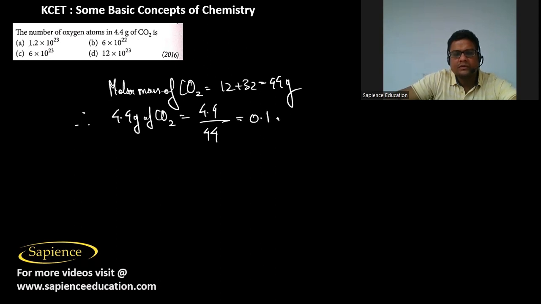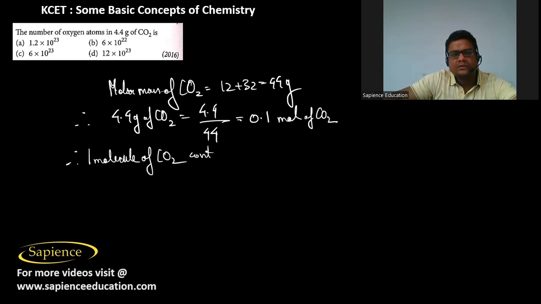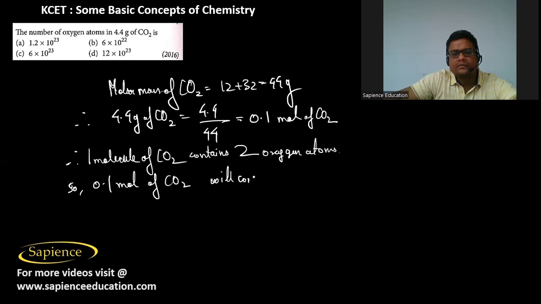So that is 0.1 mole of CO2. Now, one molecule of CO2 contains two atoms of oxygen. So I can say that 0.1 mole of CO2 will contain 0.2 mole of oxygen atoms.